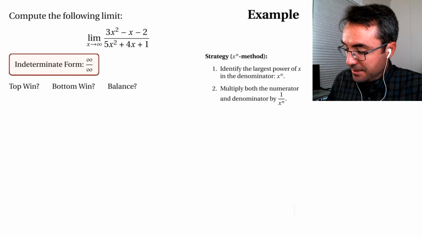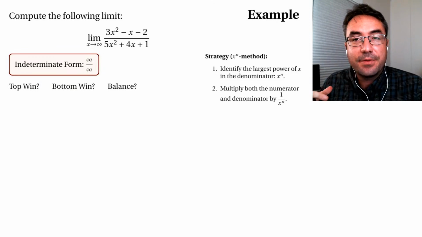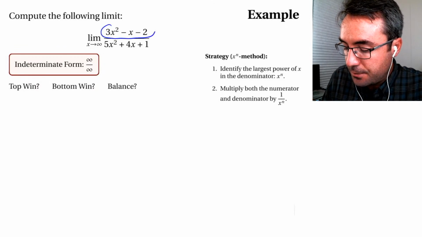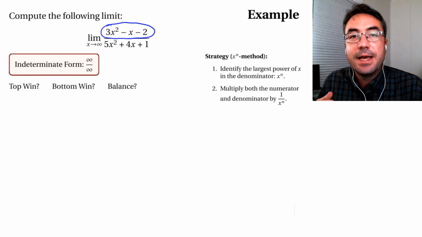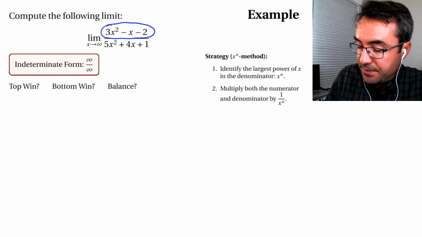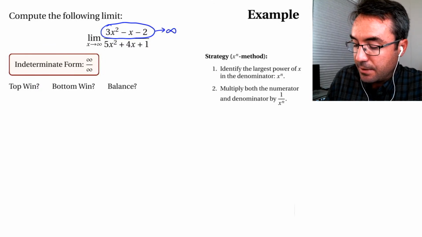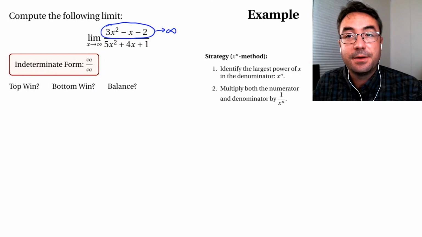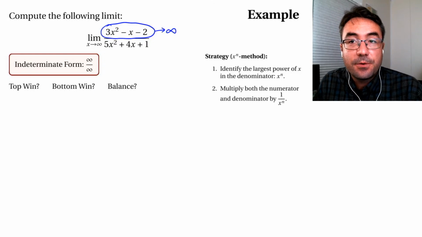So let's look at the numerator and the denominator of this function. If we look at the numerator, 3x squared minus x minus 2, as x gets larger and larger positive, this numerator would also be getting larger and larger positive. So it's going to infinity. And something similar for the denominator.